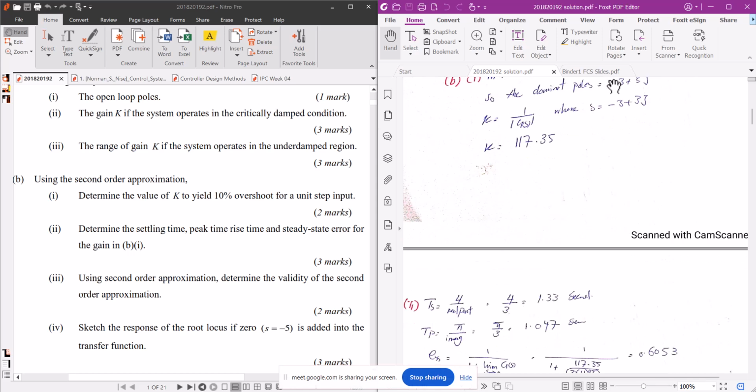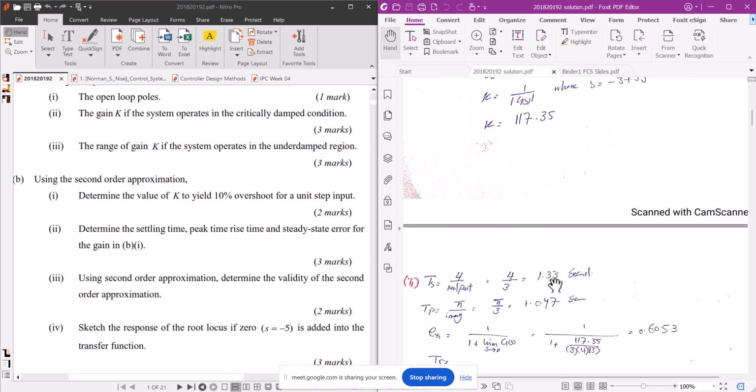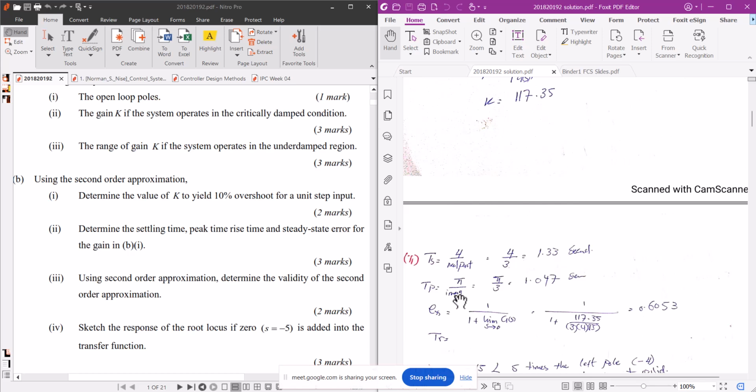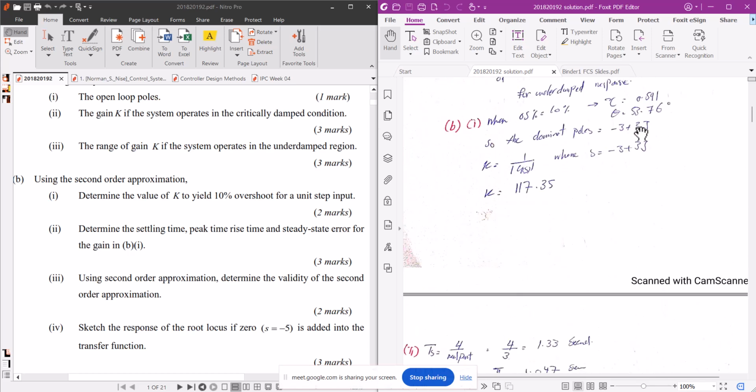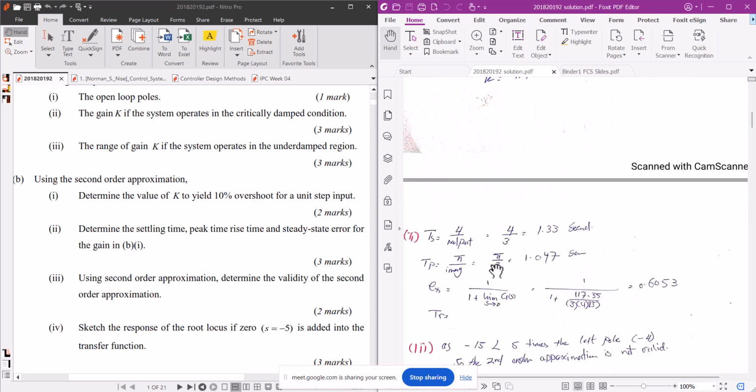So 4 over 3 is 1.33 seconds. The peak time is pi over omega d, or pi over the imaginary part, so pi over 3 is 1.04 seconds. You must write the correct units: for time, the unit is seconds.